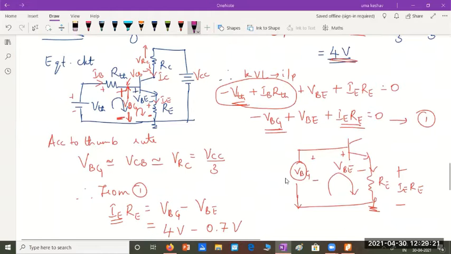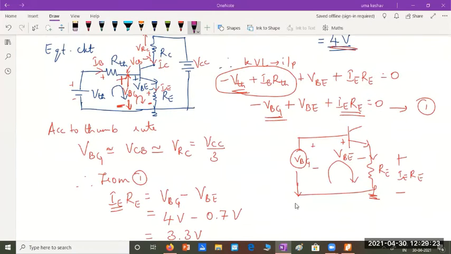This is the KVL voltage here. We considered this, and when we wrote the KVL equation for this input loop, this voltage we had considered as 4 volts, which is VCC by 3.